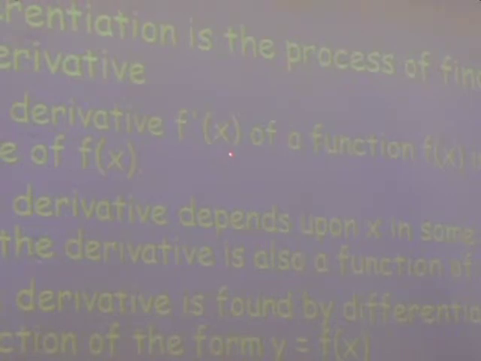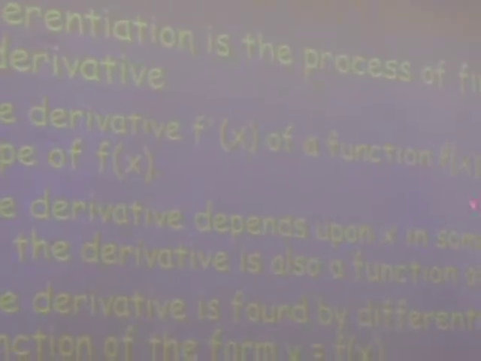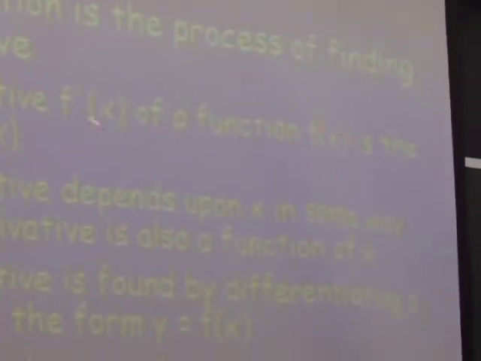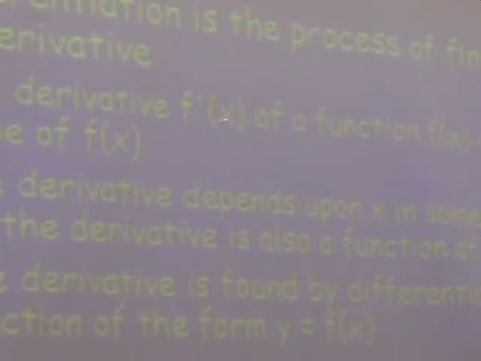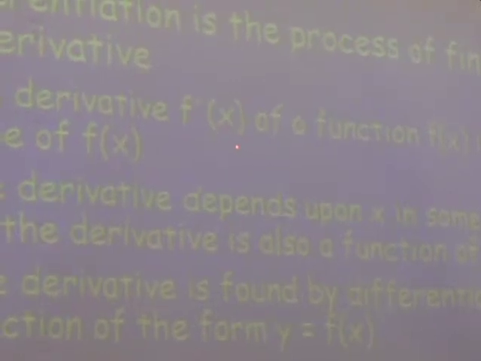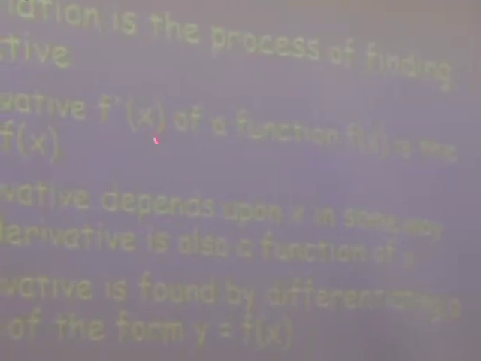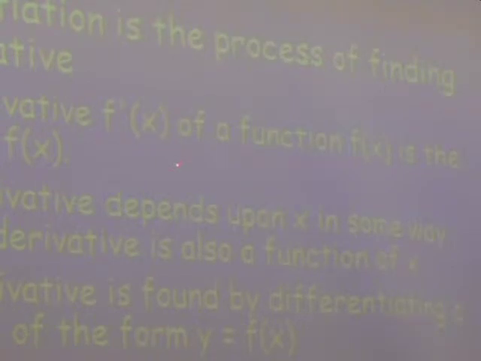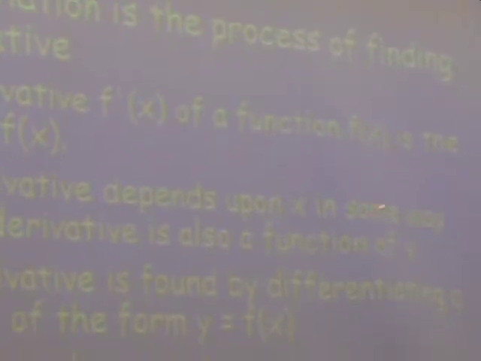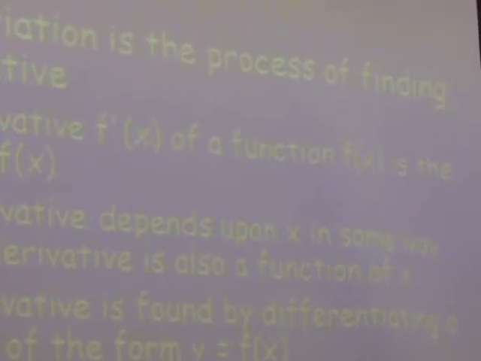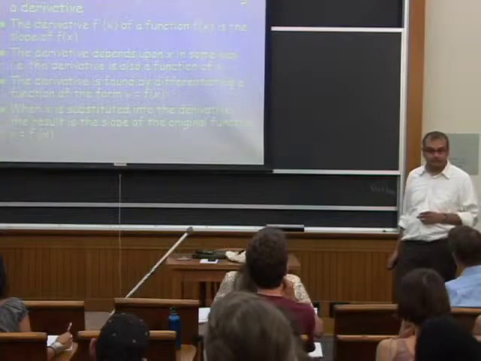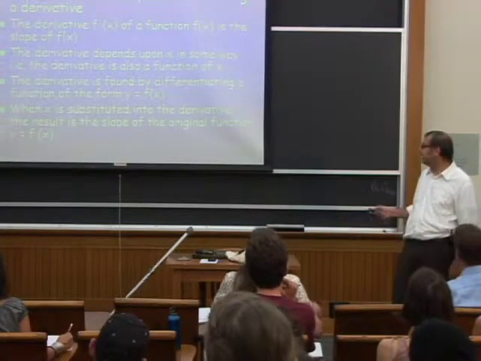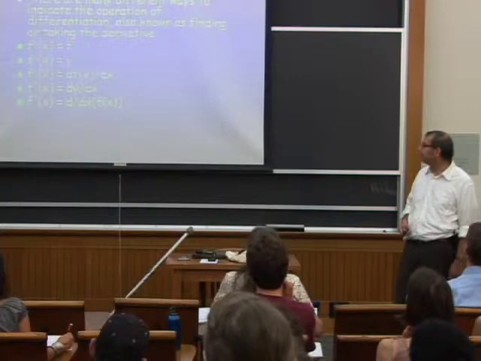And if you take a particular value of x that you had put into this function and put it into the derivative, then this new function will give you the slope of the original function at the chosen point x, rather than the value of the original function. That's true by definition, but it's just something to keep in mind, and it'll become a little clearer once we see some examples.